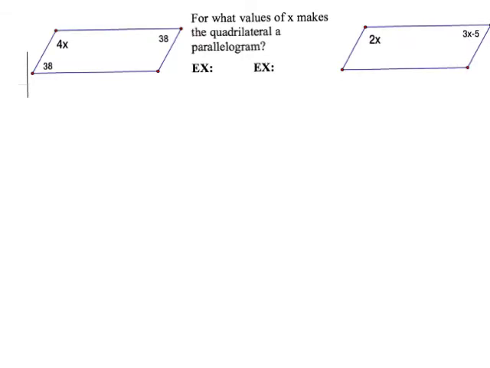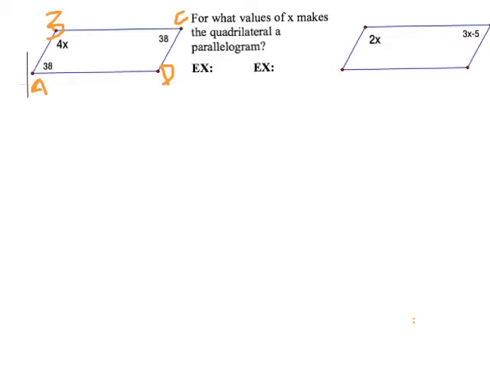Now we want to do an example. We're going to find what values of x make the quadrilateral ABCD a parallelogram. I know that in a quadrilateral, if consecutive interior angles add up to 180, if they're supplementary, then I've got a parallelogram.